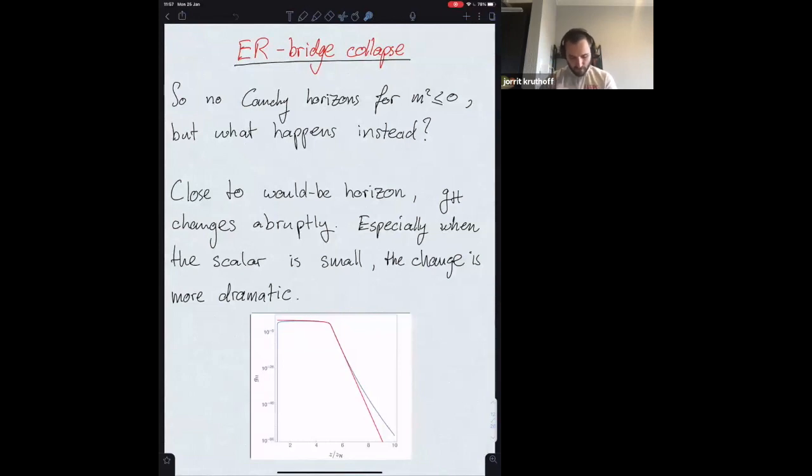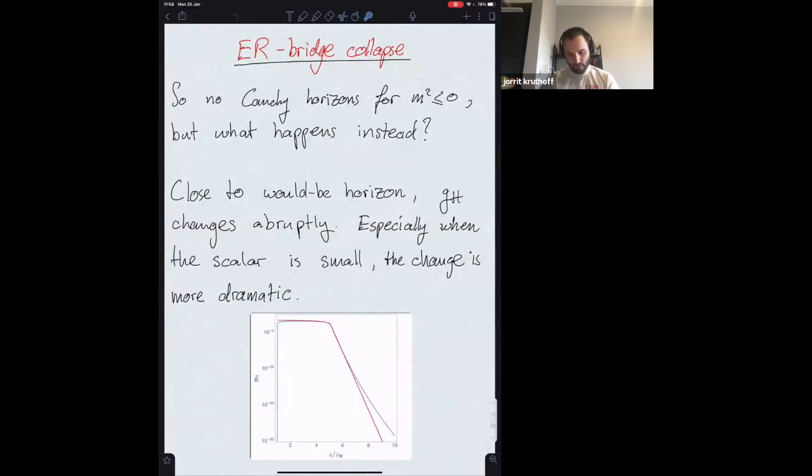And in particular, in this ER bridge collapse in the regime just in the interior, and so this is just slightly in the interior here, normalized. Horizon is at 1 here, and so this is only slightly in the interior. You can see numerically that you can neglect the mass term and the charge term in the Maxwell equation.